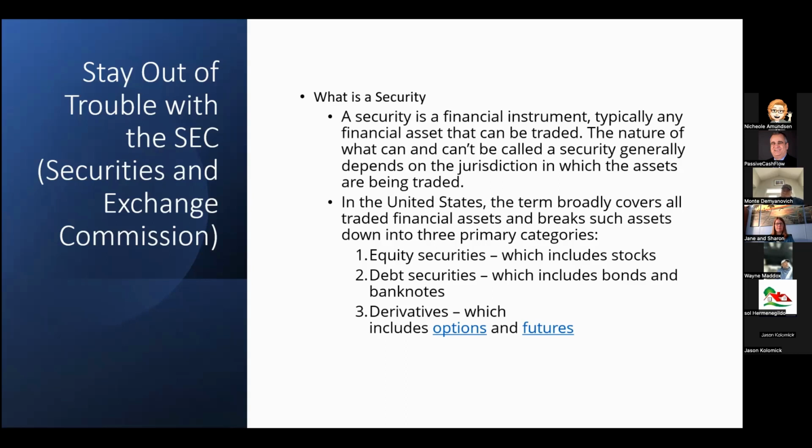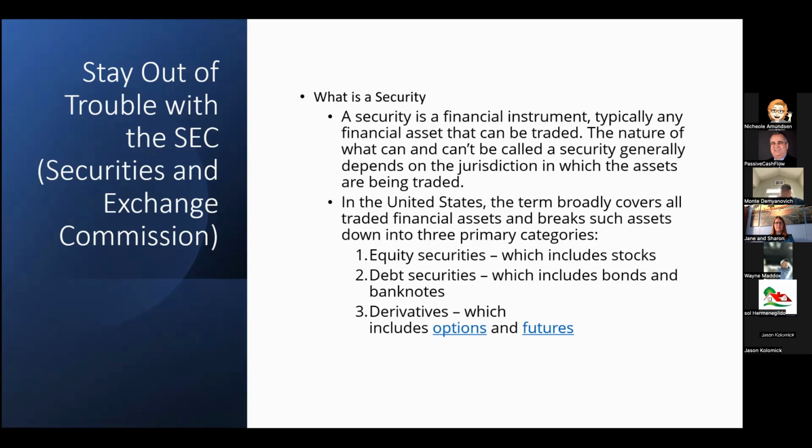Equity securities, where you have an equity or an ownership position, and that is frequently stocks, but it can also be real estate. The second type is debt securities. And those include bonds, banknotes, and loans.